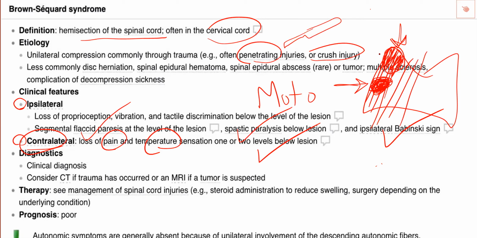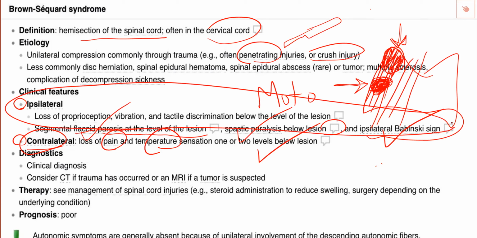At the level, you will find segmental flaccid paralysis and spastic paralysis below the lesion, with ipsilateral Babinski sign. All of this is ipsilateral, only pain and temperature are contralateral. All of this is for Brown-Sequard syndrome.